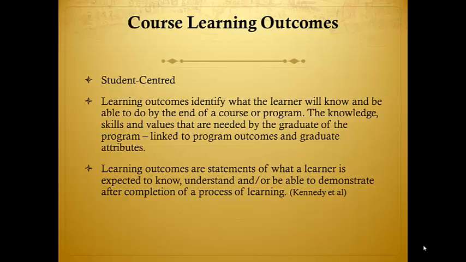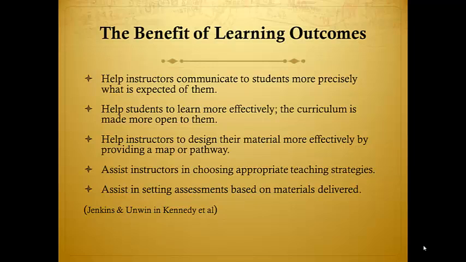The knowledge, skills, and values that are needed by the graduate of the program link to program outcomes and graduate attributes. Learning outcomes are statements of what a learner is expected to know, understand, and or be able to demonstrate after completion of a process of learning.